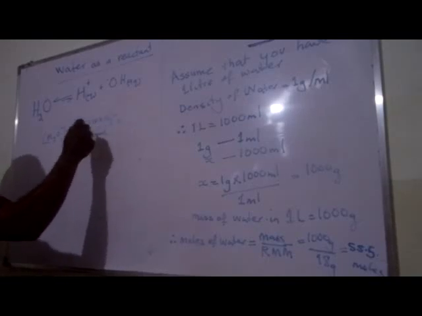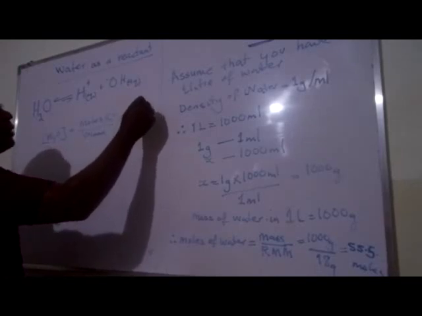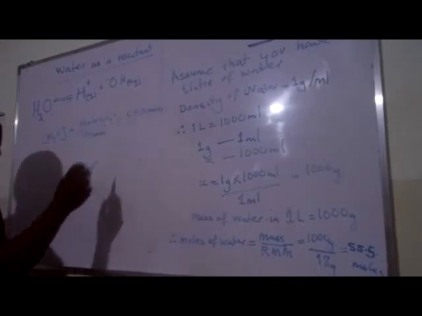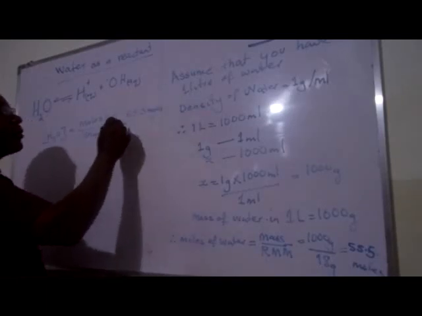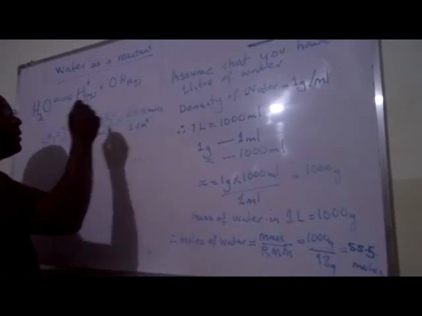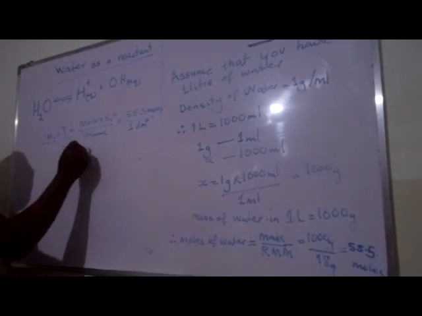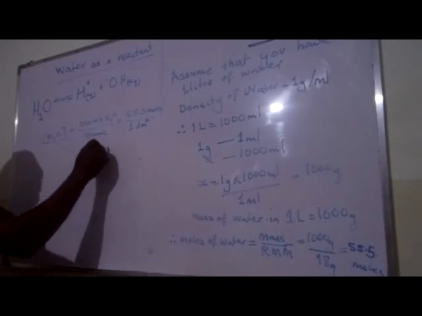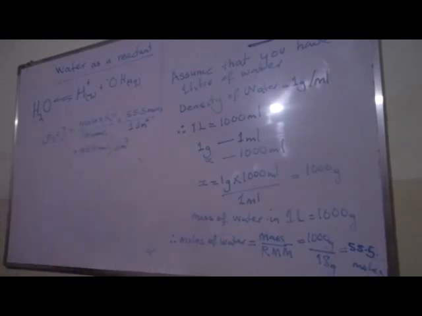We've calculated 55.5 moles, and we said that the volume is 1 liter. Remember 1 liter is equal to 1 cubic decimeter. So the concentration then becomes 55.5 moles per cubic decimeter.